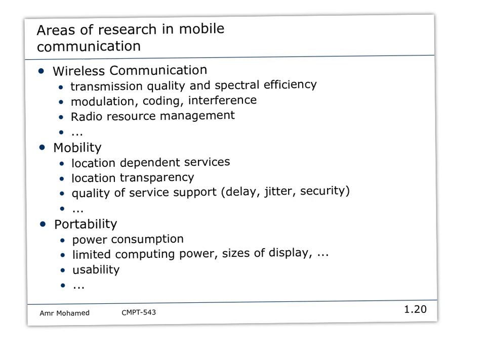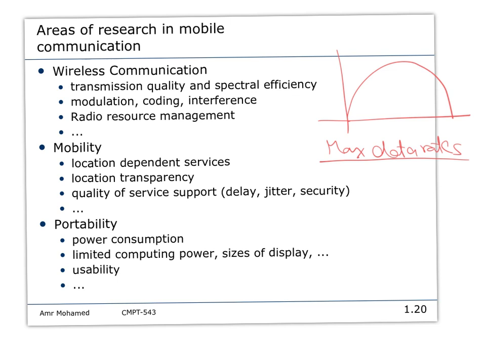So we talk about transmission quality and spectral efficiency. When it comes to spectral efficiency, we talk about the fact that if we have a communication bandwidth for a specific carrier, whether baseband or broadband, we have a frequency spectrum range, and we need to use that for communication. Spectral efficiency talks about the ratio between the maximum data rate that we can provide given this bandwidth divided by the range of frequency.